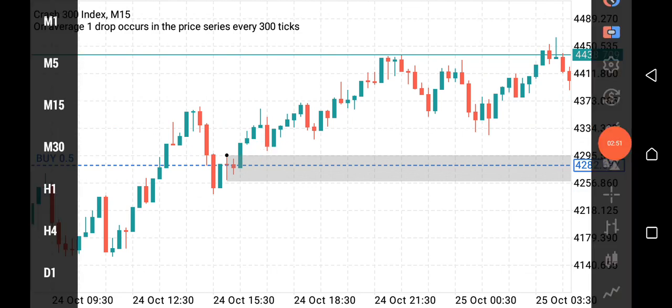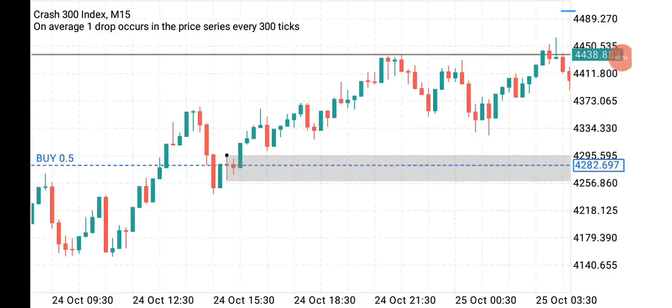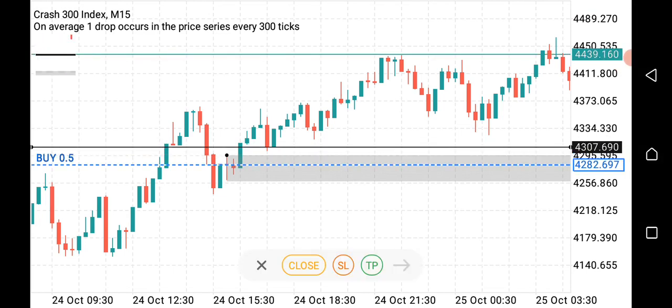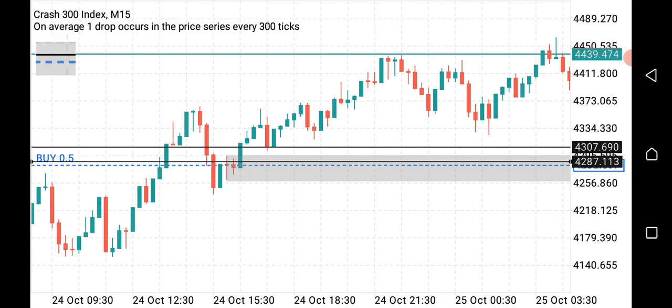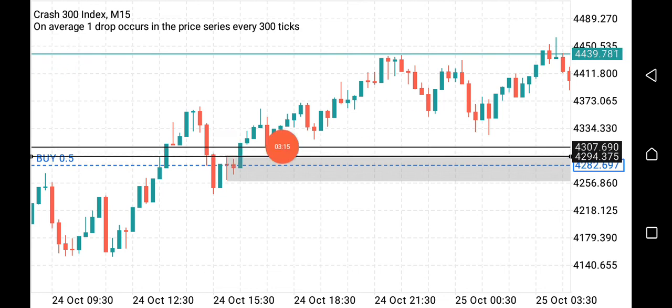Let me mark it again using these two black lines. So this is it now. In between these two lines is the gap that I'm talking about. So it's called a fair value gap.